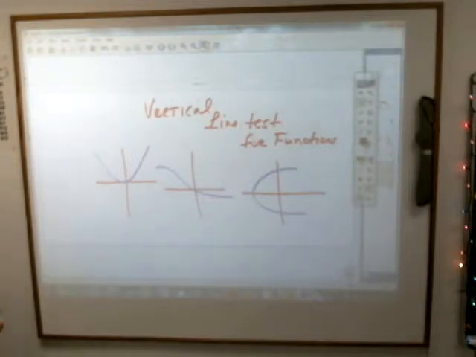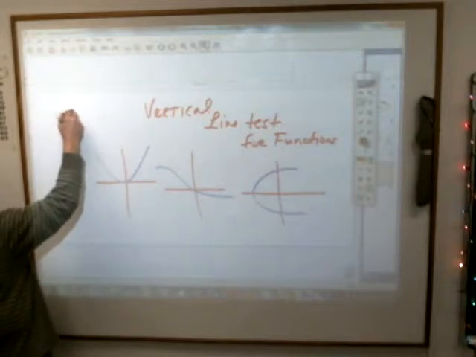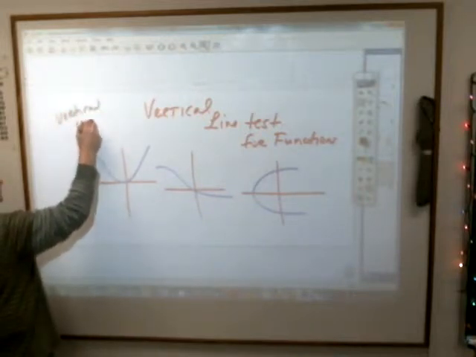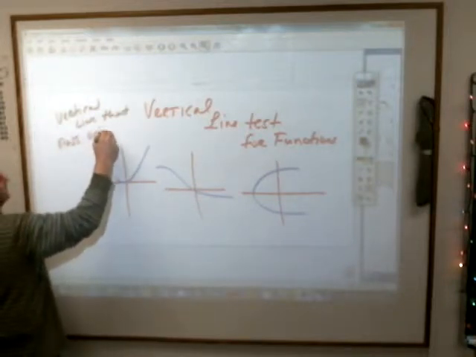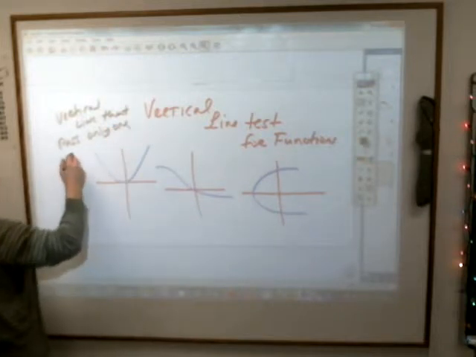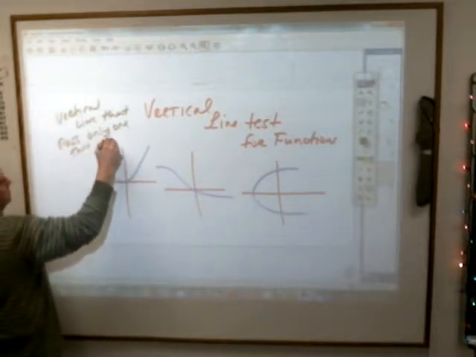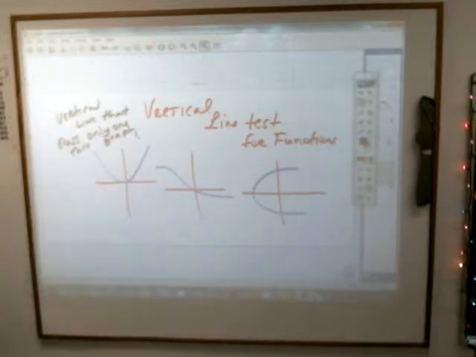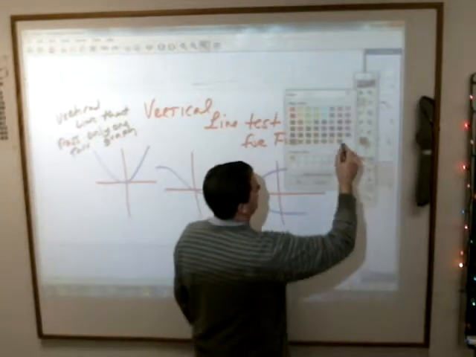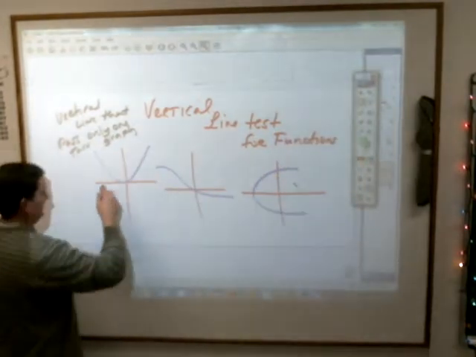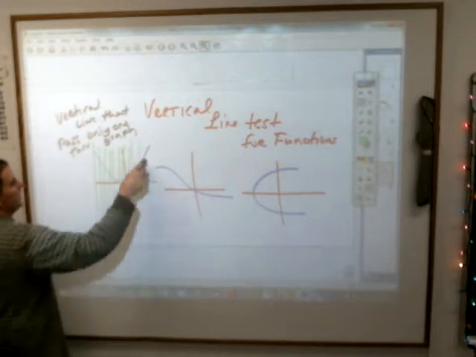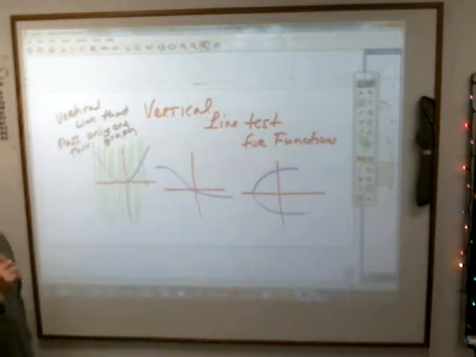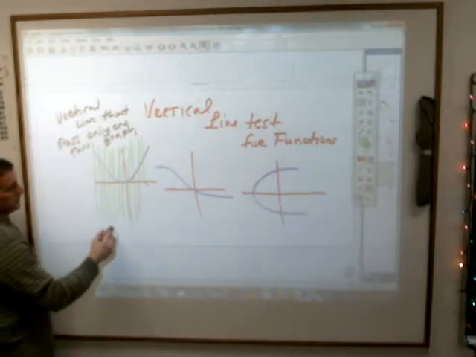Remember, going back to this, if you draw a bunch of vertical lines that pass only once through the graph, in case we forgot this, you sit here and draw as many vertical lines as you want. As long as that blue line crosses every vertical line only once, this is a function.